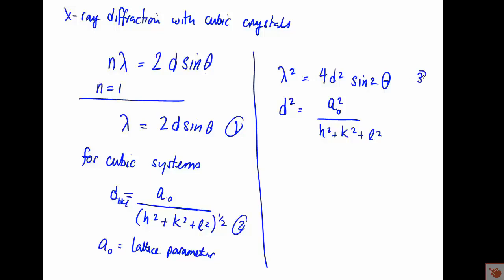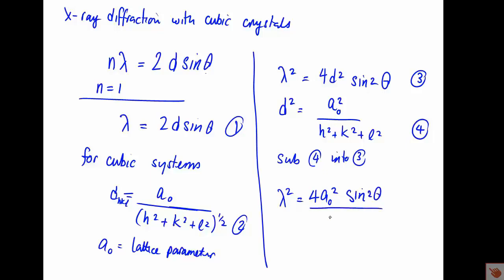Call this 3, 4. Now if we substitute d squared from equation 4 into equation 3, we get lambda squared is 4 a naught squared sine squared theta, h squared plus k squared plus l squared.